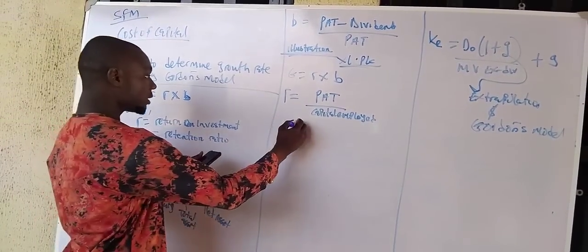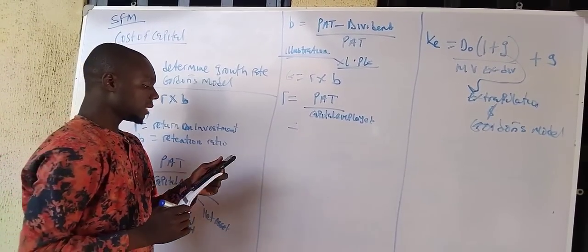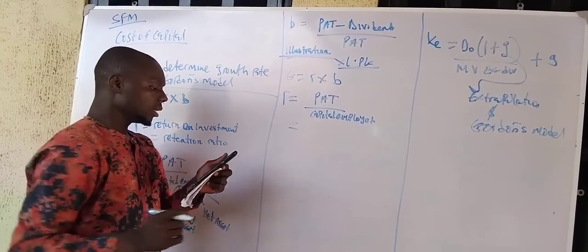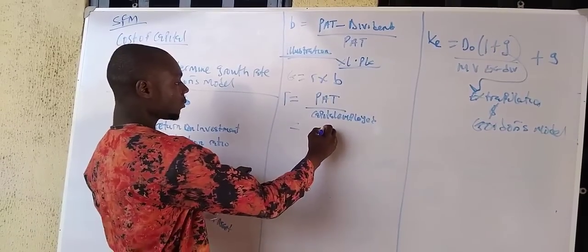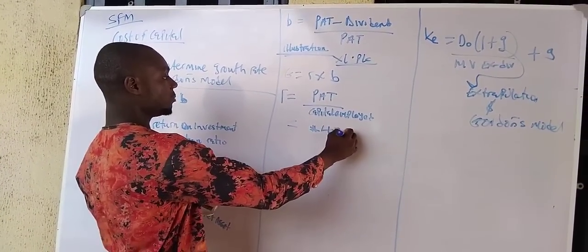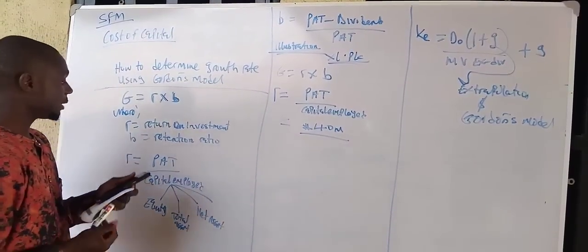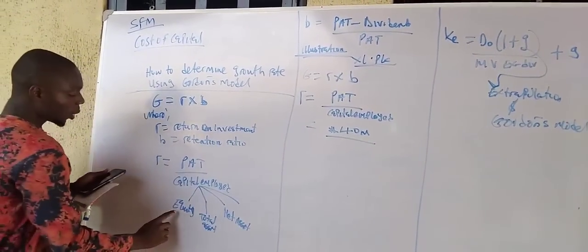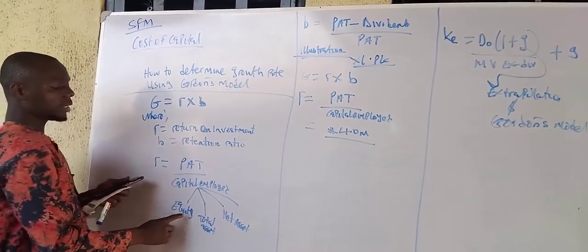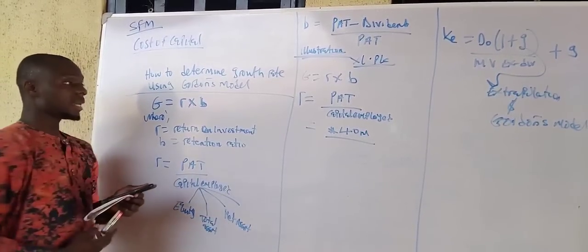Now, what is our profit after tax from this question? Profit after tax, as at the end of 2020, is 40 million. 40 million divided by capital employed. Don't forget that I said capital employed could be defined as equity, total assets, or net assets.